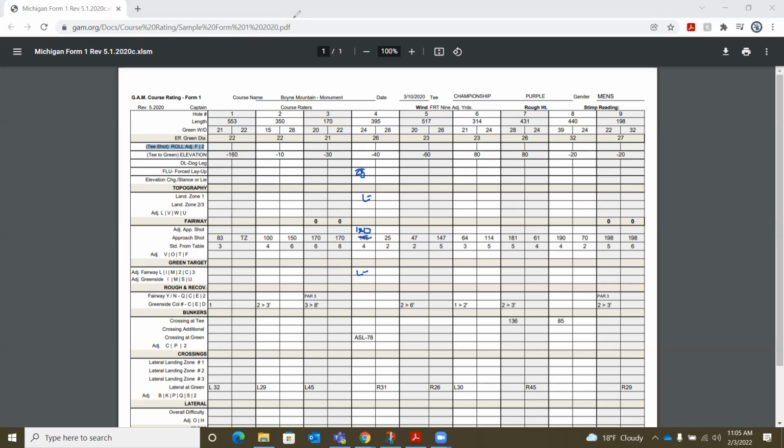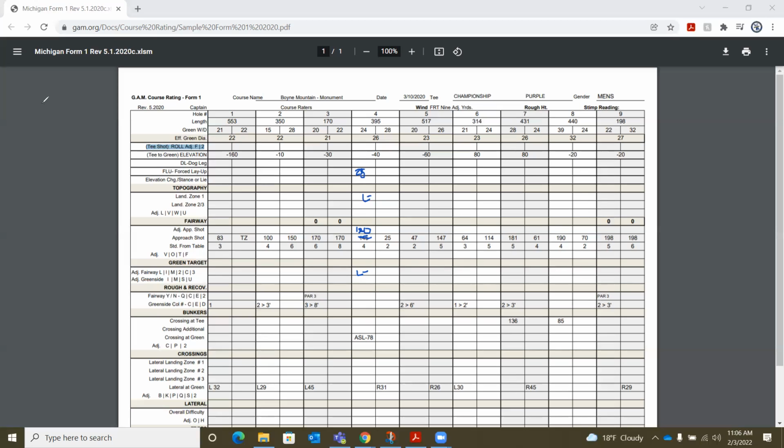Kyle, when you're laying up by choice, is there any specific yardage that you would like to lay a player up to? For instance, I remember we were doing Birmingham Country Club, and there was a severe ravine or a hill that our full shot would have taken us over, and I think after our discussions we said that, well, if you're going to lay him up, you should probably lay him up to a specific yardage that a player likes to hit from.